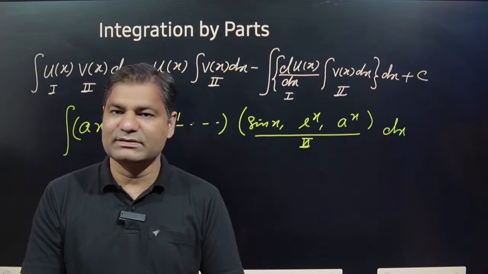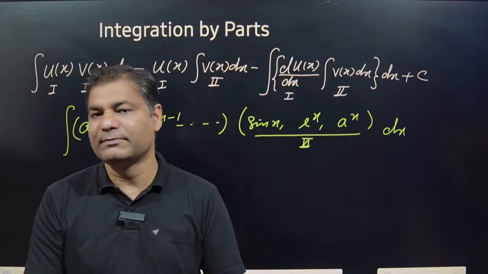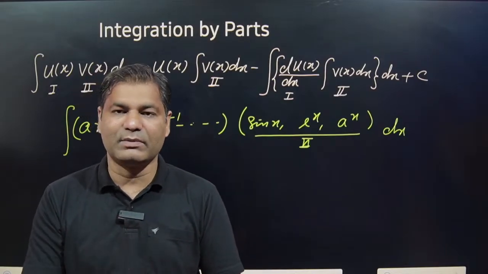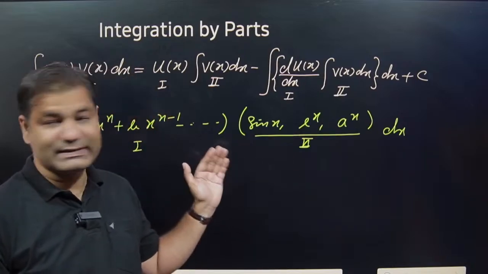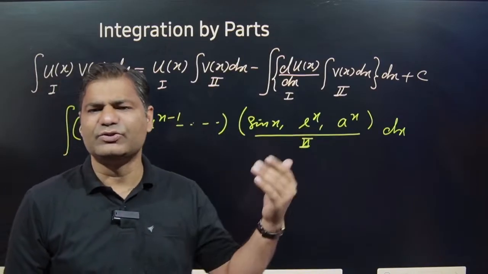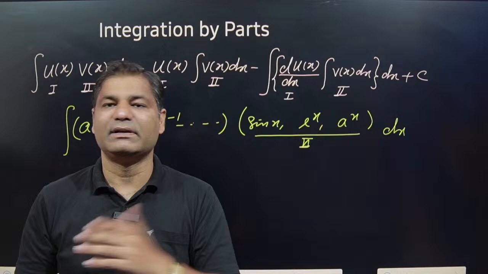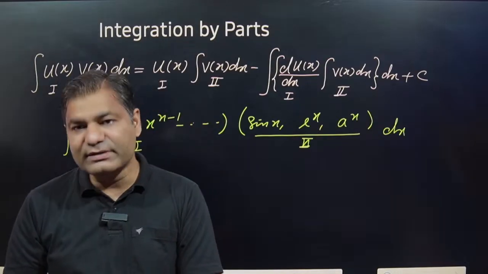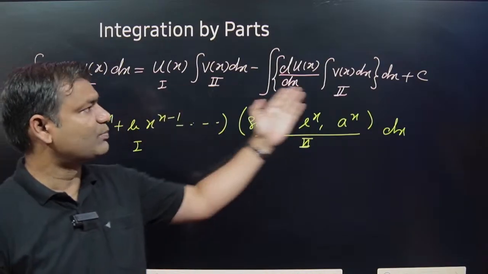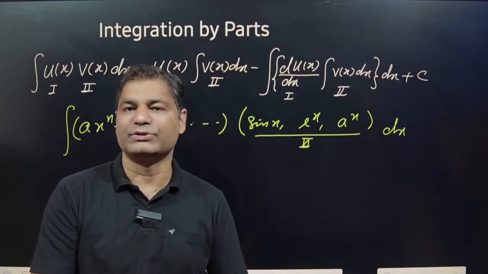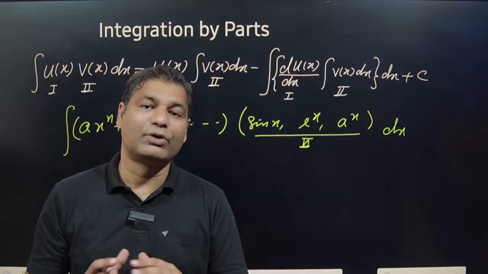I will take some problems here, suppose x cube into e to the power x, or x to the power 7 into e to the power x, then how can you integrate? If you apply this procedure, you are going a long way, meaning you take more time.